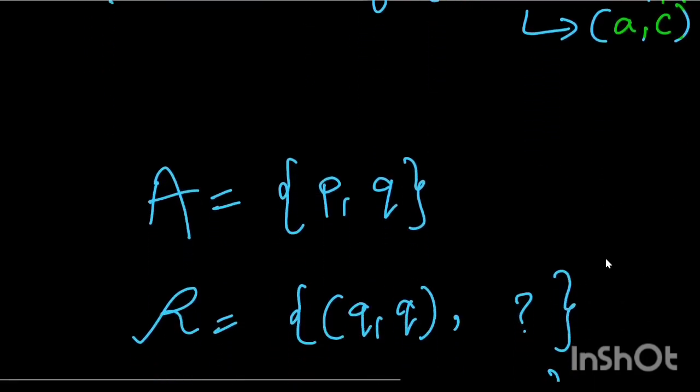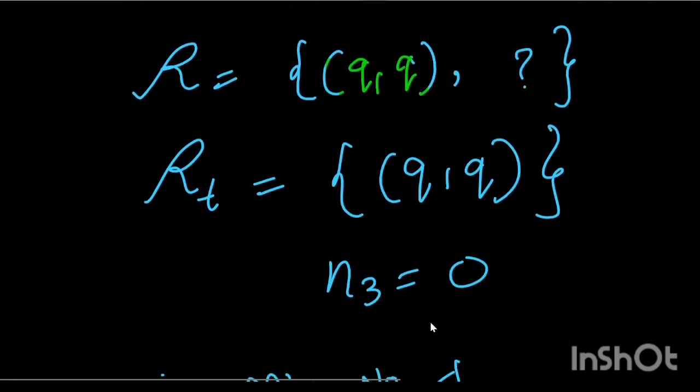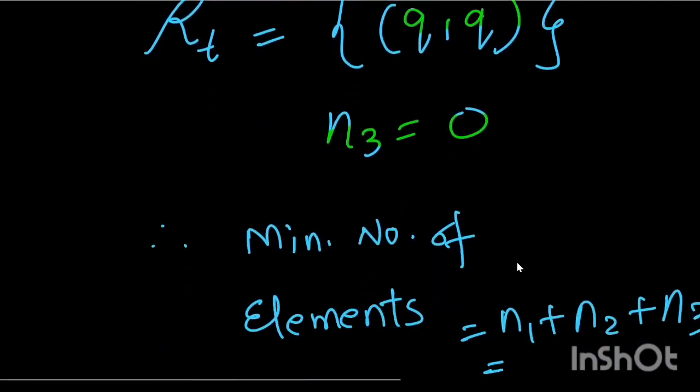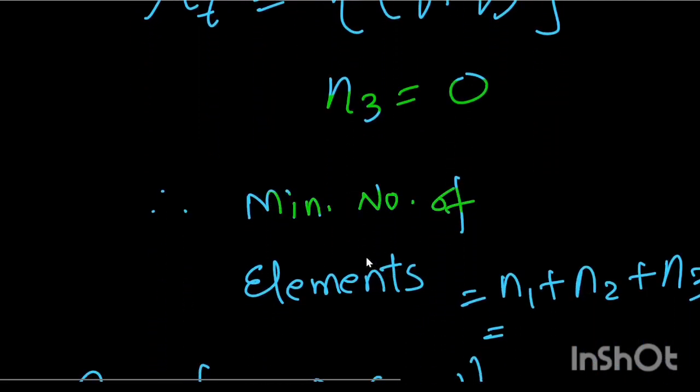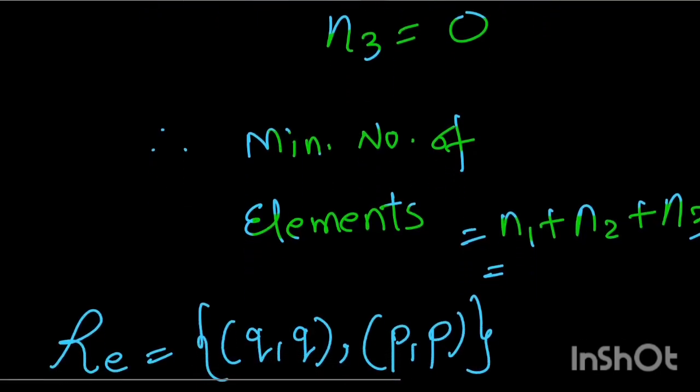Here Q comma Q is there, and there is no element of the form A comma B, so no need to add. So it is 0 elements only. The minimum number of elements that needs to be added is N1 plus N2 plus N3. And the equivalence relation is QQ and PP.